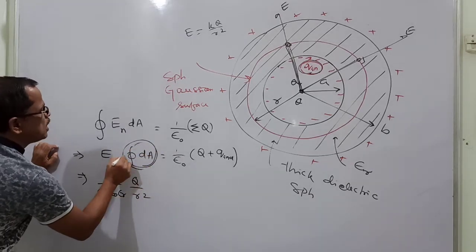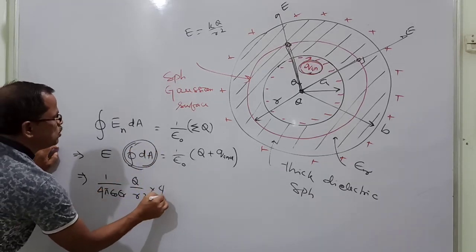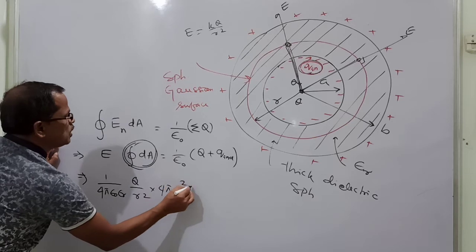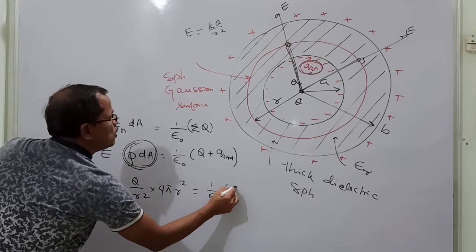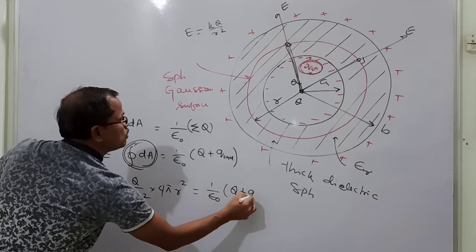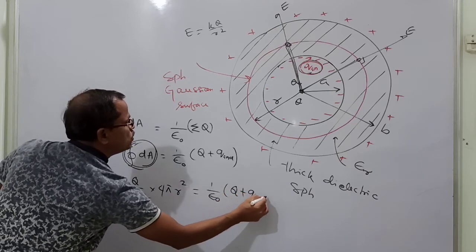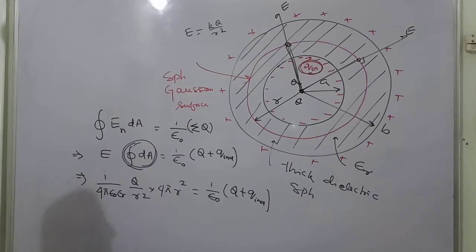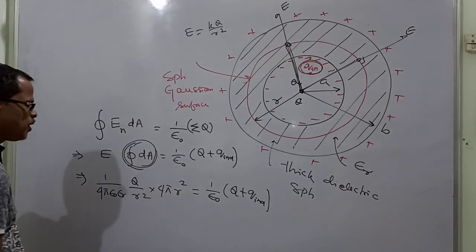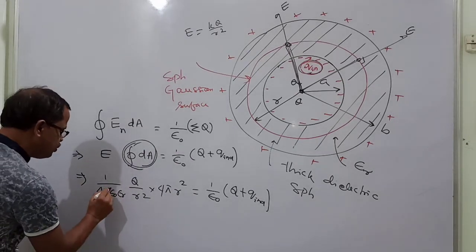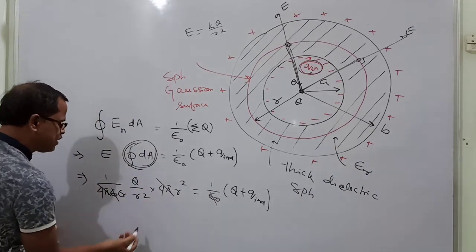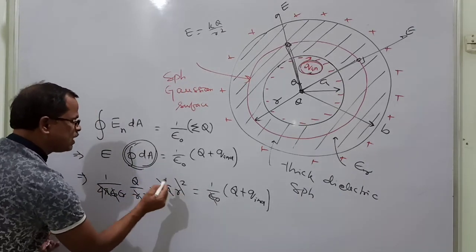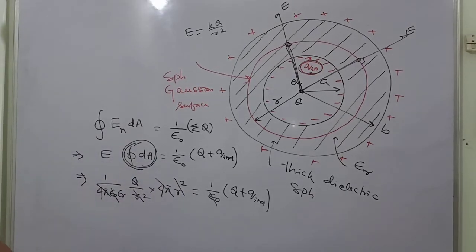That is the total surface area of the Gaussian surface, which is a sphere. So 4 pi r square is equal to 1 by epsilon 0 times Q induced. From this, epsilon 0, 4 pi and r square cancel out. What is left? Let us discuss.